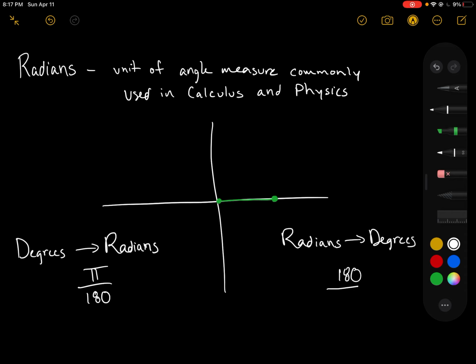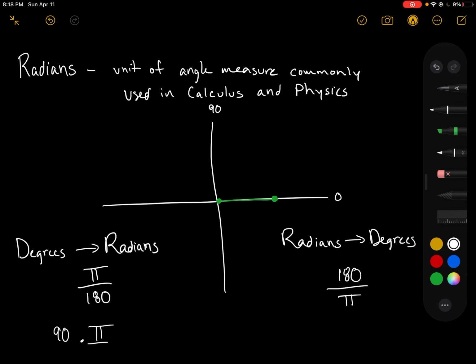And to go from radians to degrees, we multiply by the inverse, 180 over pi. So for this, I think the easiest thing to do actually is we can set up our axes. So we start off at 0.